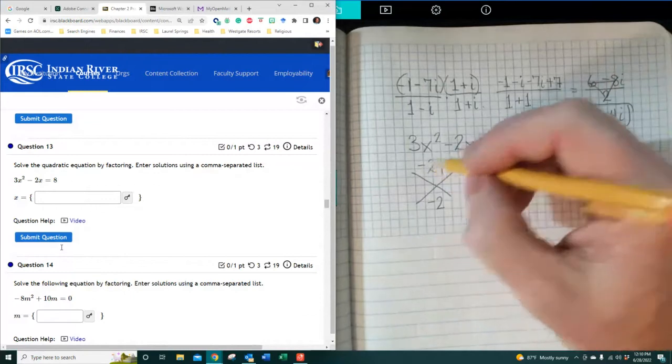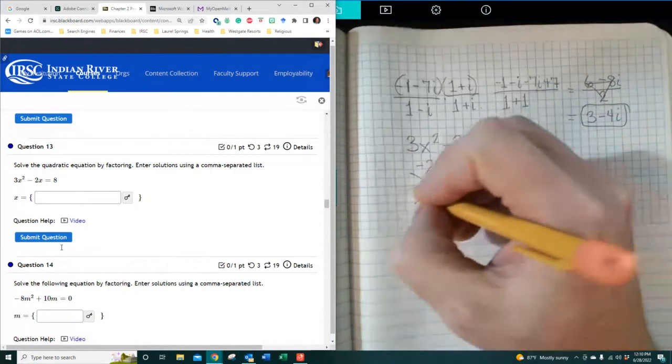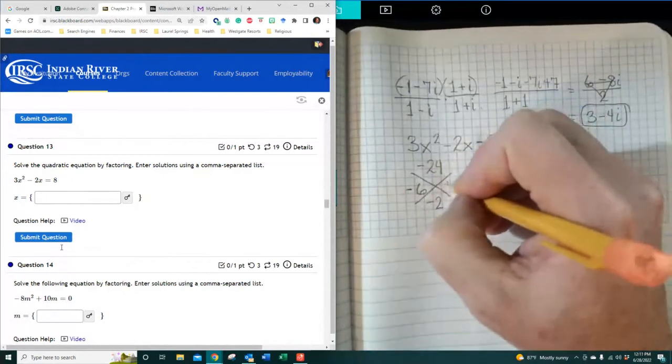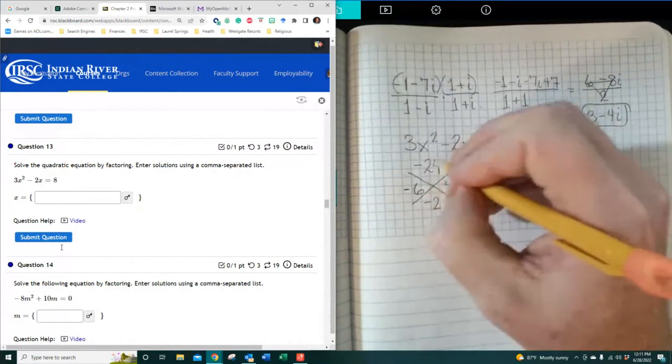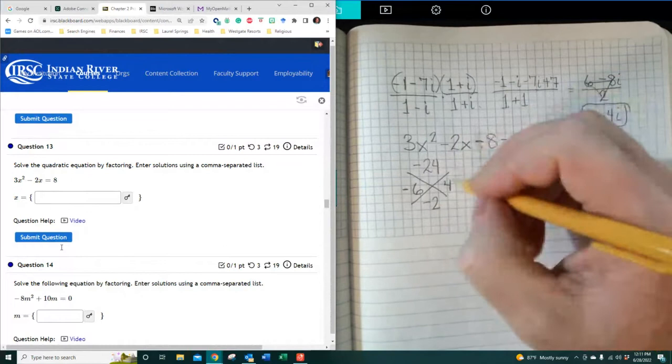Now, what two numbers multiply together to create negative 24 that when added together give you negative 2? So you have negative 6 times positive 4 gives you negative 24 that adds up to negative 2.